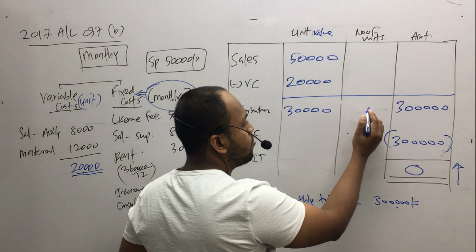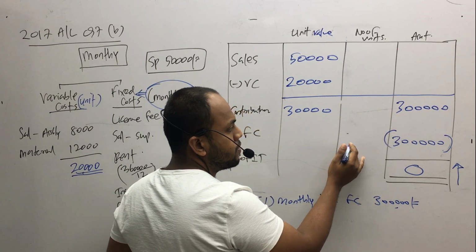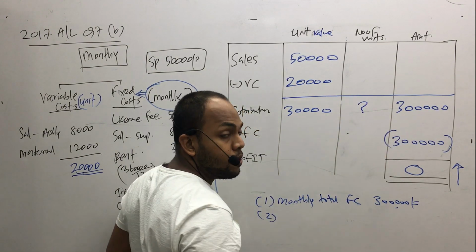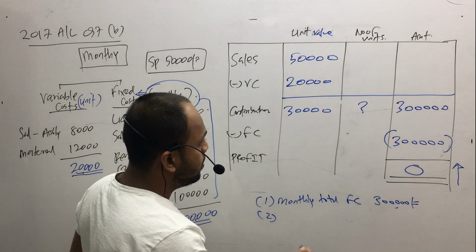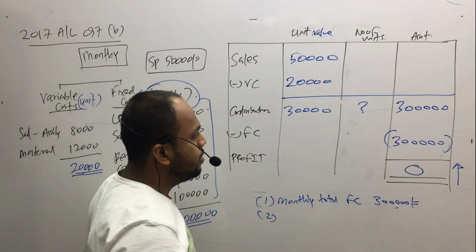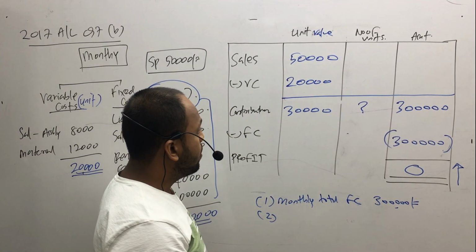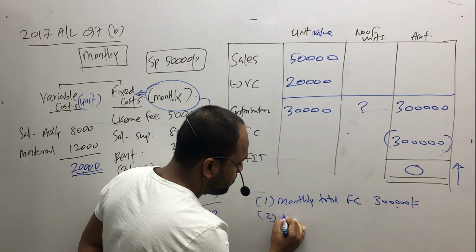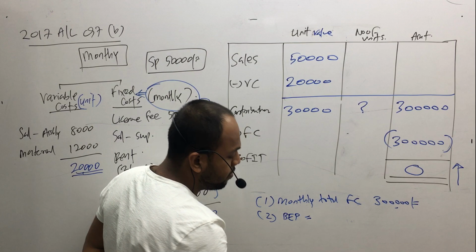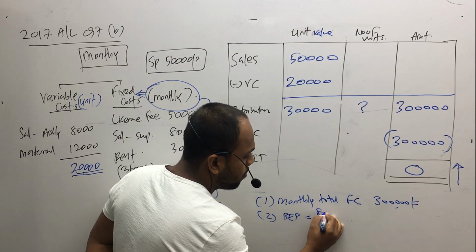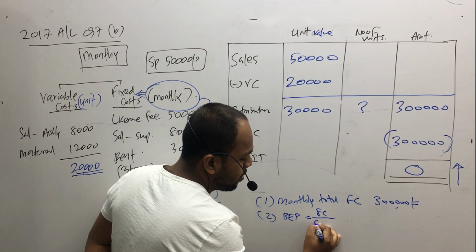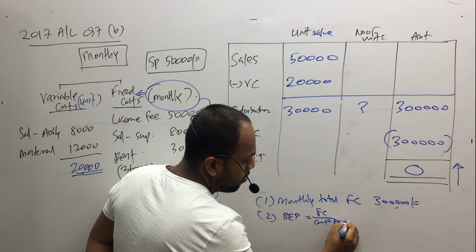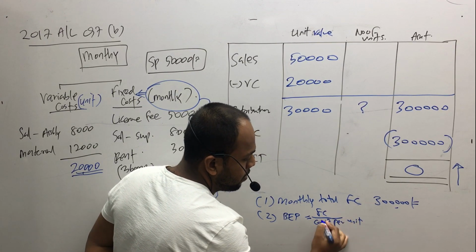To have 300,000 contribution, how many units do you need to produce? Break-even point is fixed cost divided by contribution per unit.